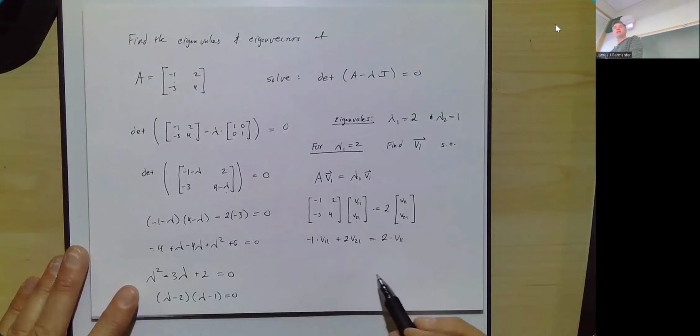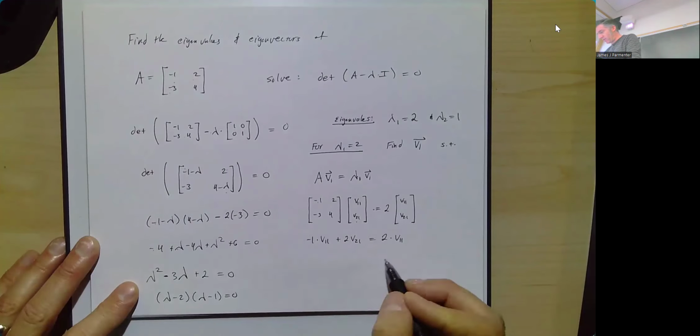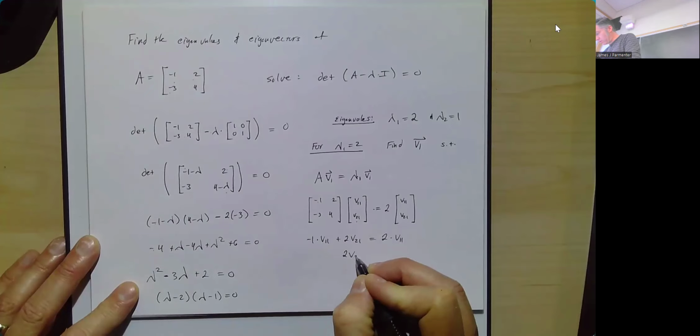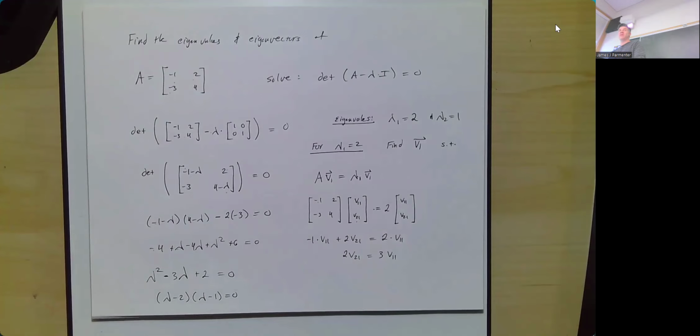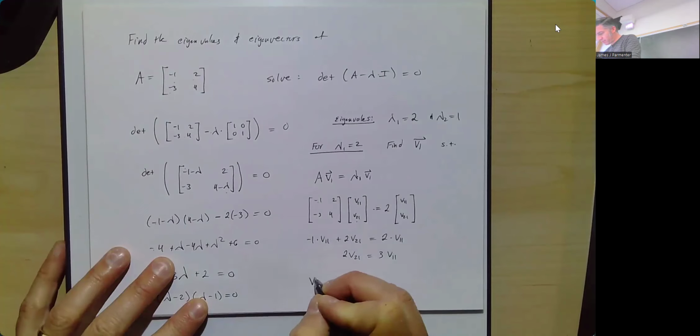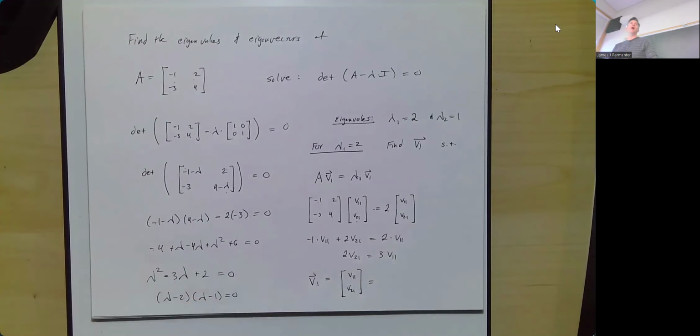One of them is usually sufficient. So from here, what we typically do is solve for either V21 or V11, either way. So I would probably add V11 over here to get 2V21 equal to 3V11. And then the easiest thing to do at this point is to say that your vector V1, which is equal to V11, V21, pick any non-zero numbers that solve this equation.